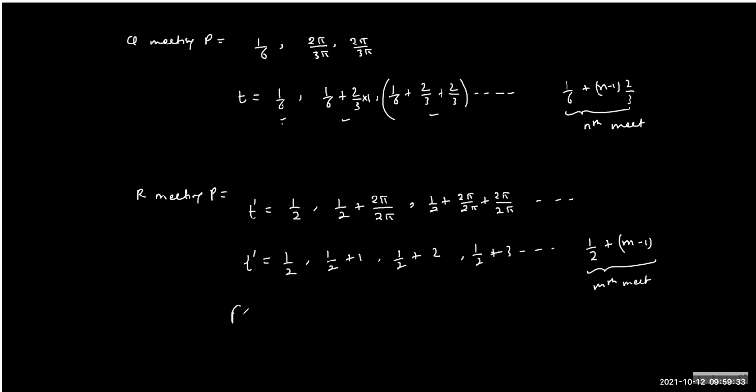So for P, Q, R to meet together, we can say that 1 by 6 plus n minus 1 into 2 by 3 must be the same as 1 by 2 plus m minus 1. So we need to rearrange this entire thing. If you rearrange, what will you get?